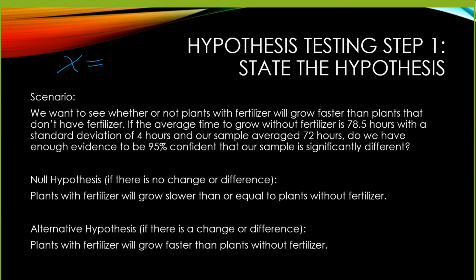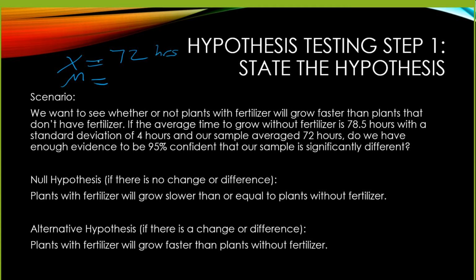In this case, what is x and what is mu? I'm down to Jenna. So Jenna, what is x or chi? 72 hours. Okay, so with fertilizer, they grew an average of 72 hours.